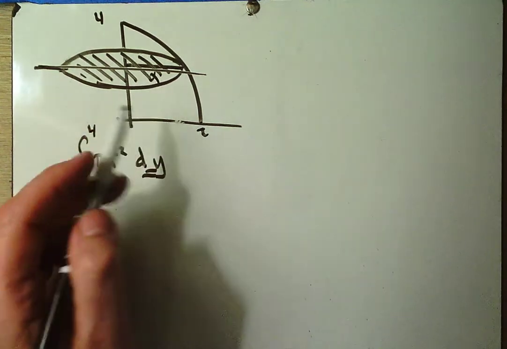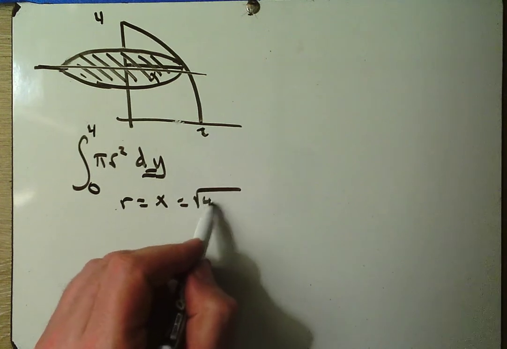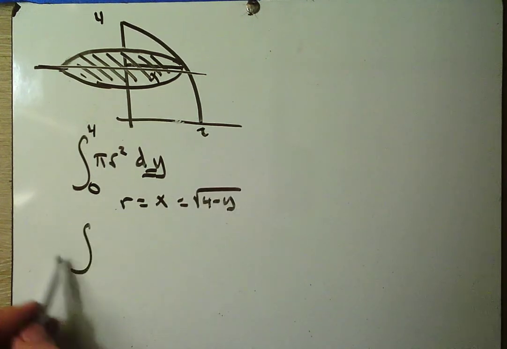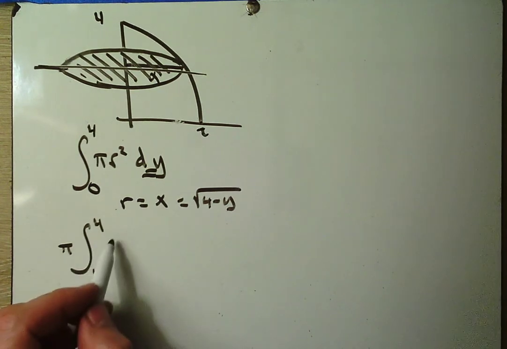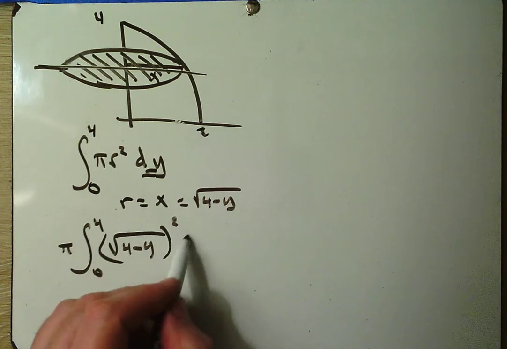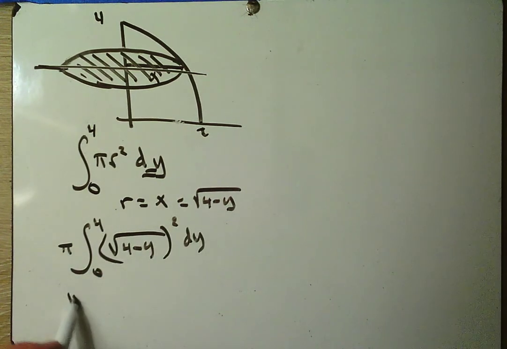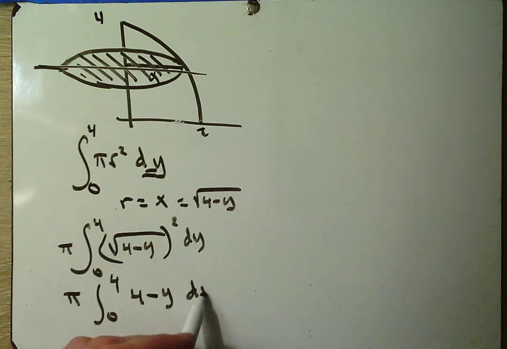Remember, our radius was x, and x was equal to the square root of 4 minus y. So I'm integrating from 0 to 4. I take out my constant. I have pi, the square root of 4 minus y, squared, dy. Pi, 0 to 4, 4 minus y dy.